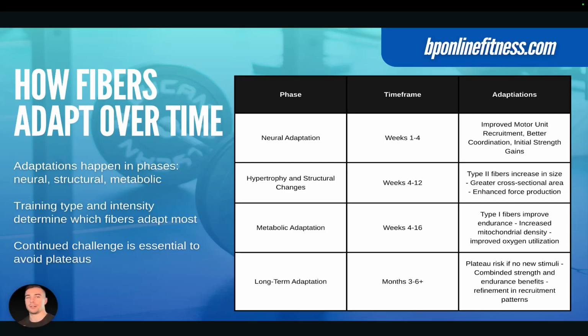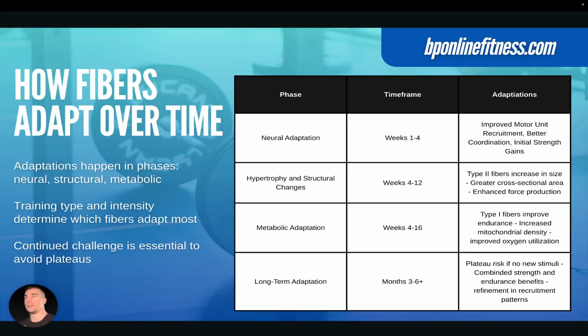So, when somebody is first getting started with weightlifting or weight training, there is a phase which would be neural adaptation. So this is weeks 1 through 4 of your training. This is leading to improved motor unit recruitment, better coordination, and initial strength gains.